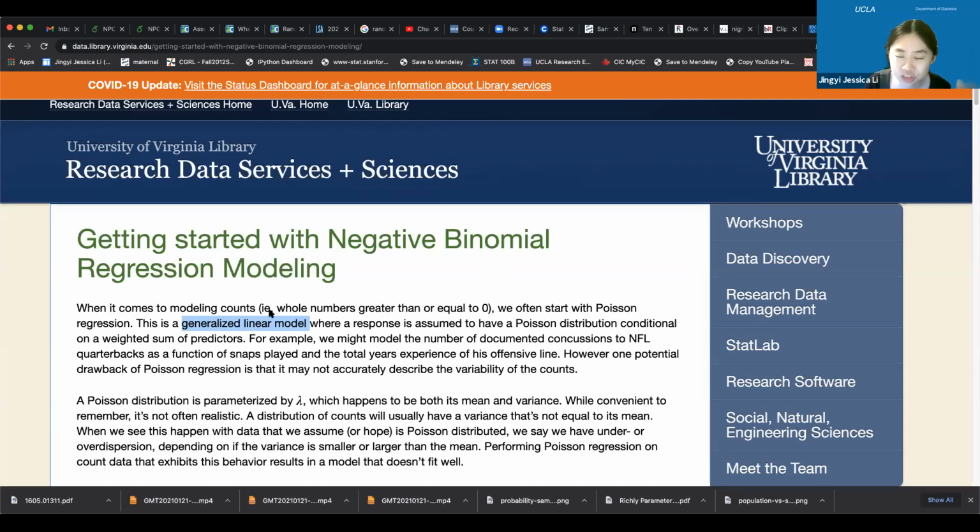Each count has its own mean, and we want to associate that mean parameter to the predictor we're interested in, which is the condition. So the negative binomial distribution is involved in the random component of the generalized linear model.